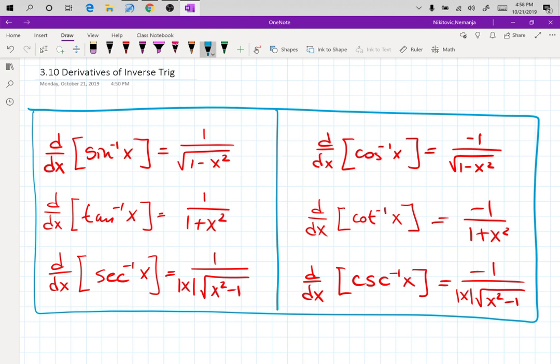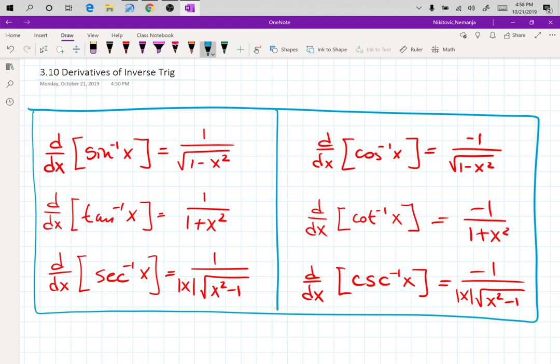Now, these formulas, the way they're written, which is the same way they're written in the book, you see that they're all inverse sine of x, inverse cosine of x, inverse tangent of x. But generally, we don't have that. We have inverse sine of f of x, inverse tangent of f of x, because that will give us the chain rule.